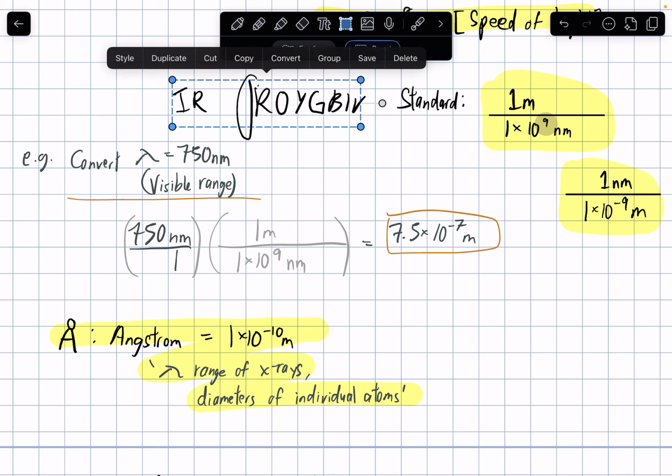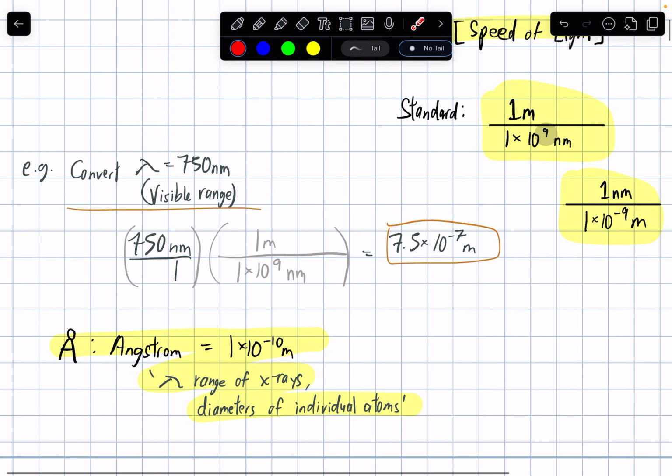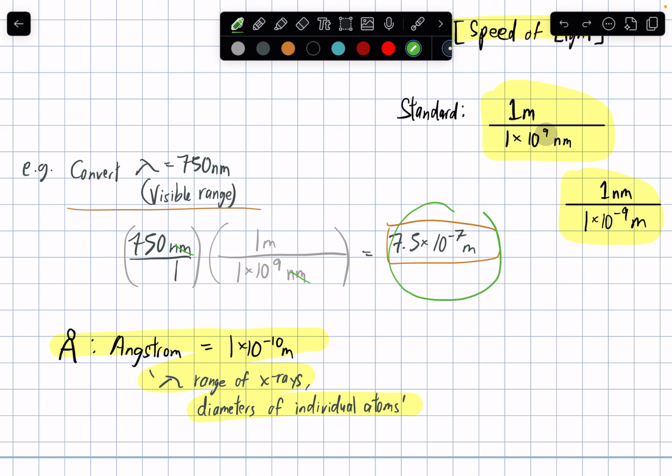More on this later, once we get to the electromagnetic spectrum, which I already illustrated. So you multiply the value times 1 meter over 1 times 10 raised to 9 nanometers. That way, you cancel the nanometer unit, and in the calculator, you just divide 750 by 1 times 10 raised to 9, which gives you this answer.